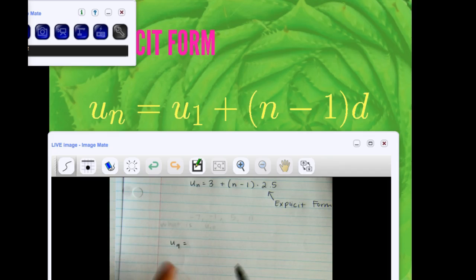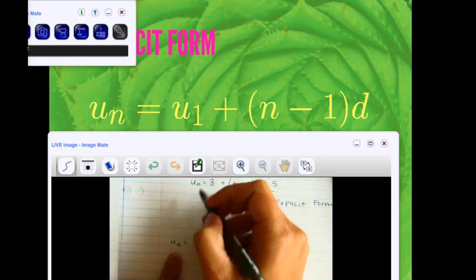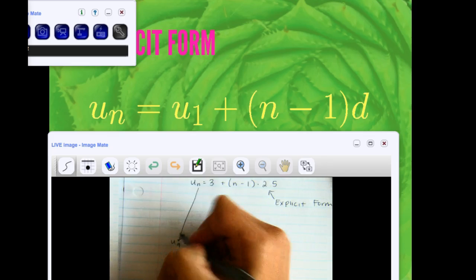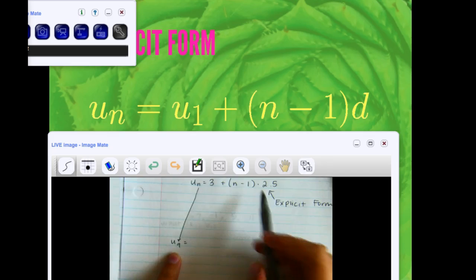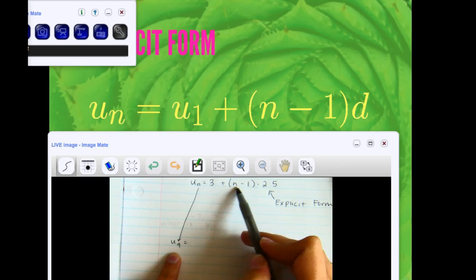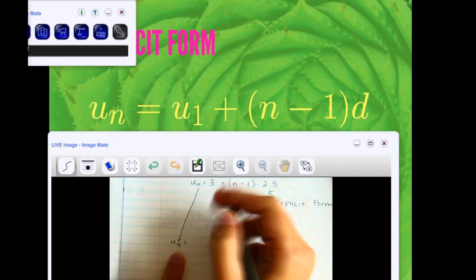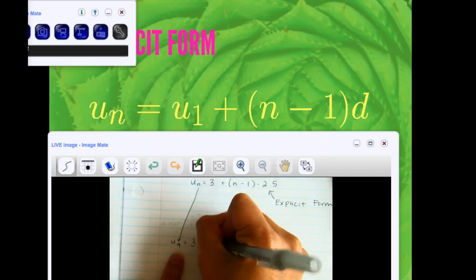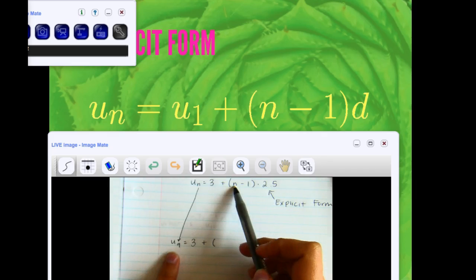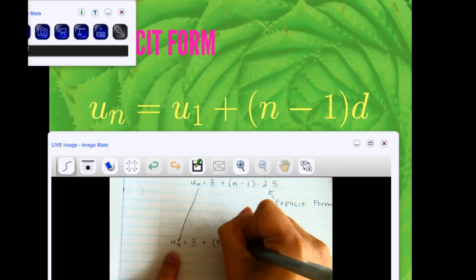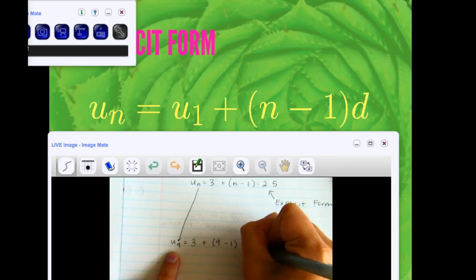So to find my 9th term, I've now replaced n with 9. Anywhere else in my equation, I'm going to substitute in 9. So u sub 9 is equal to 3 plus, instead of n, I'm going to put in 9, minus 1 times 2.5.